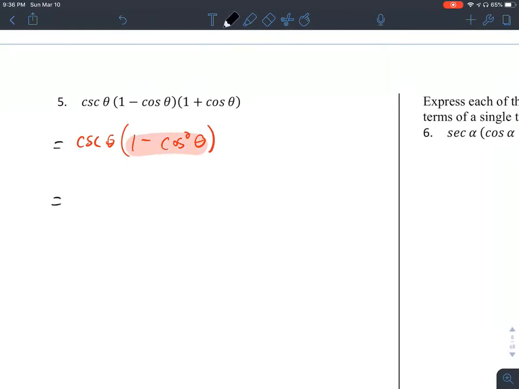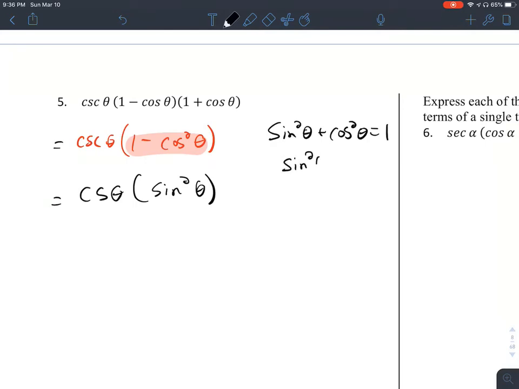Well, 1 minus cosine squared is sine squared. And once again, that comes from the fact that sine squared of theta plus cosine squared of theta is 1. If you subtract cosine squared from both sides, you get sine squared of theta is 1 minus cosine squared of theta.